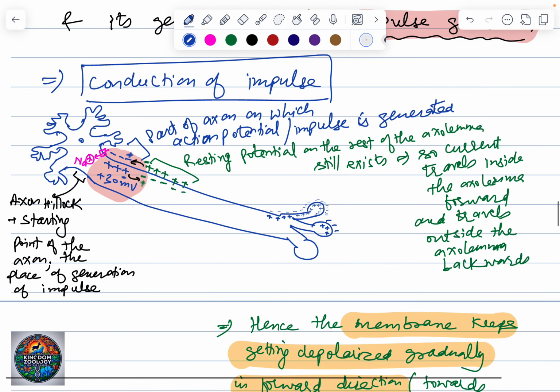That's impulse generation and impulse conduction. But this is not the end of the story. What is the impact of generation of action potential over here on the axon terminals? Let's see.